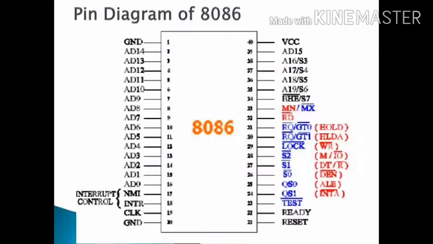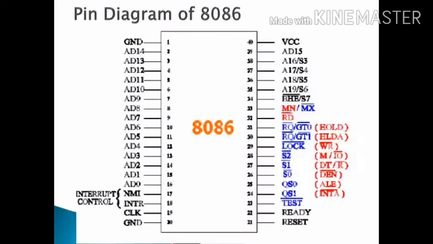So the lock pin helps in identifying which microprocessor is using the system bus or accessing the system resource, and others would be locked out.